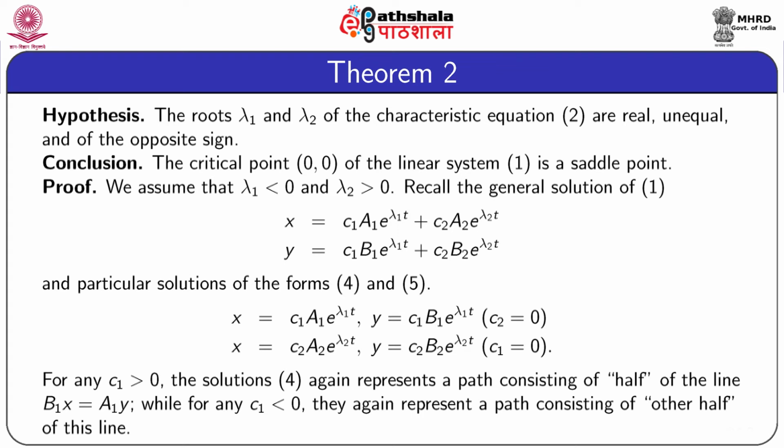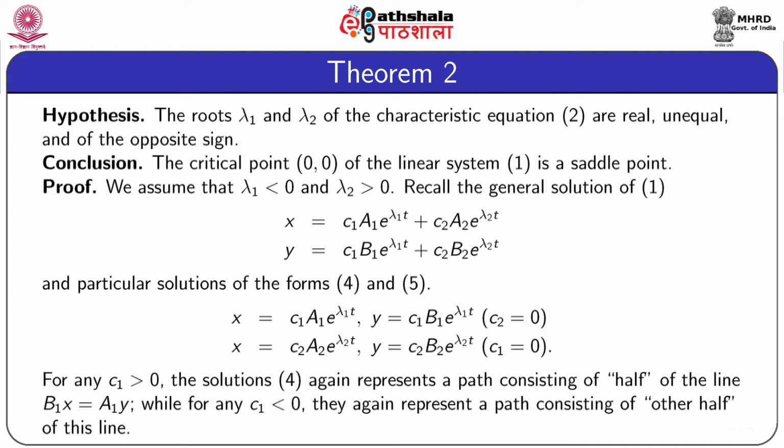In our second theorem, our hypothesis is that the roots lambda 1 and lambda 2 of the characteristic equation 2 are real, unequal and of opposite sign. The critical point in this case is a saddle point, and since they are of opposite sign, we assume that lambda 1 is less than 0 and lambda 2 is greater than 0.